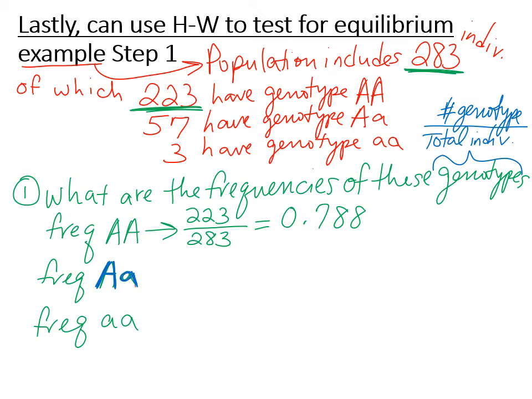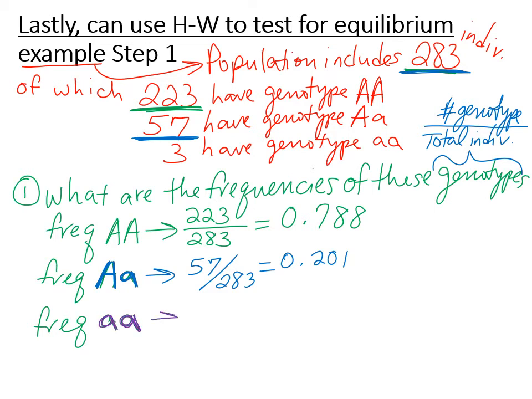What's the frequency of heterozygotes? Well, 57 out of 283 individuals have the heterozygous genotype. So you do 57 divided by 283, which is equal to 0.201.